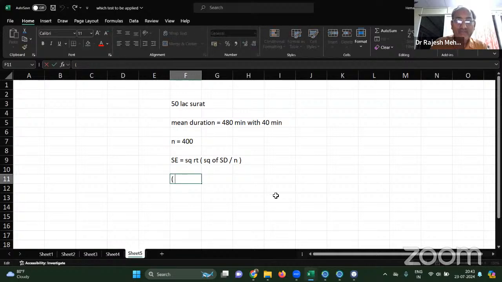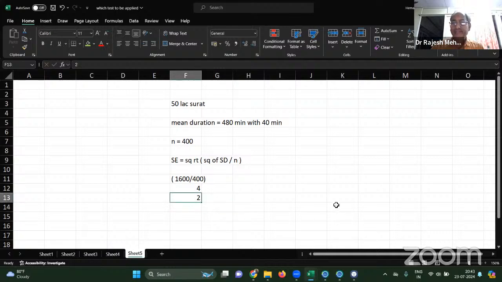Square root of 1600 divided by 400 is 4, and the root will be 2. So standard error is equal to 2 minutes.